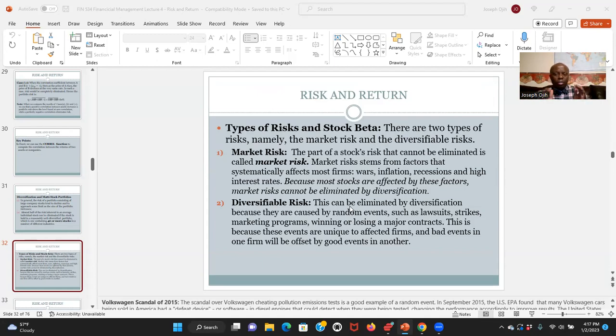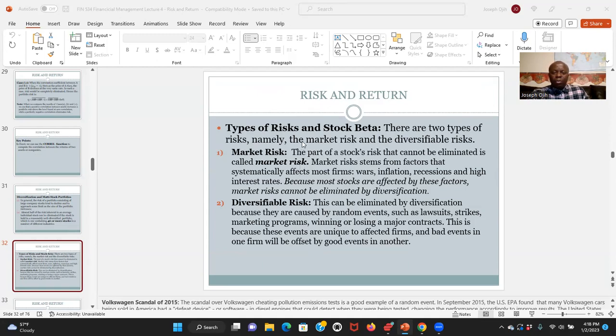Remember that all these concepts we are covering come under the broader topic of risk and return, under this umbrella for the next several lectures until we finish everything we need to cover on risk and return.